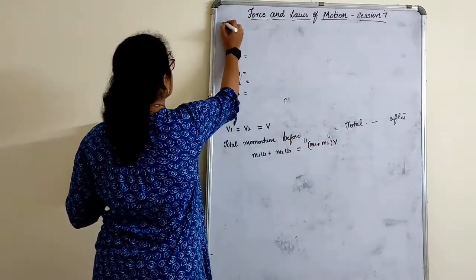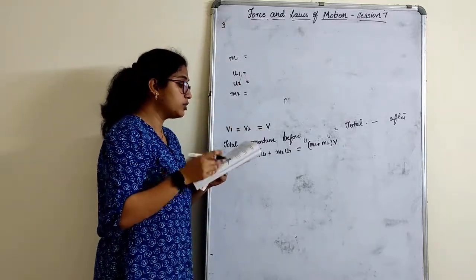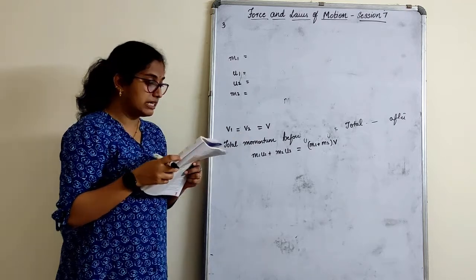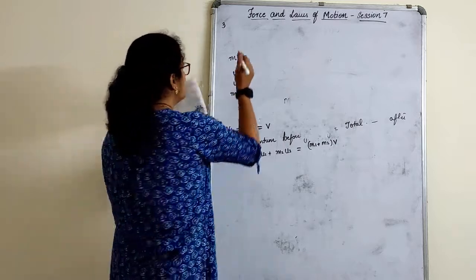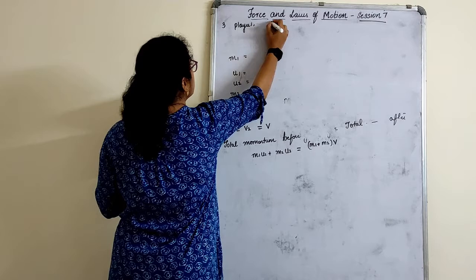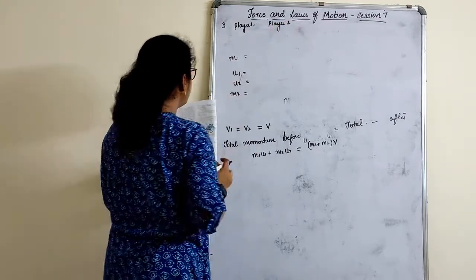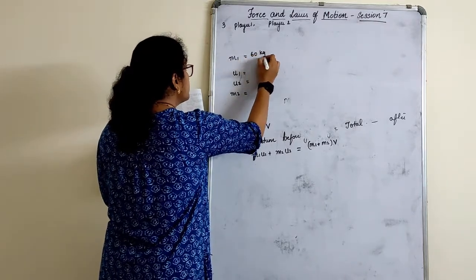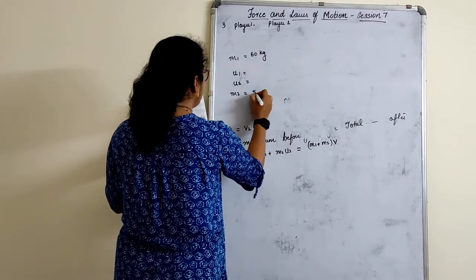Third one: two hockey players of opposite teams, while trying to hit a hockey ball on the ground, collide immediately and become entangled. We'll take this as player 1 and player 2. Player 1 has a mass of 60 kg and player 2 has a mass of 55 kg.